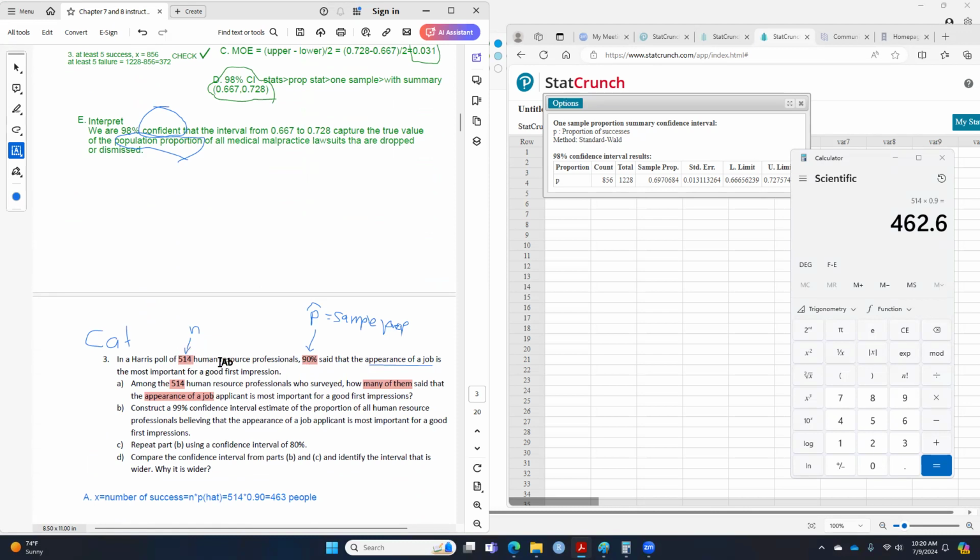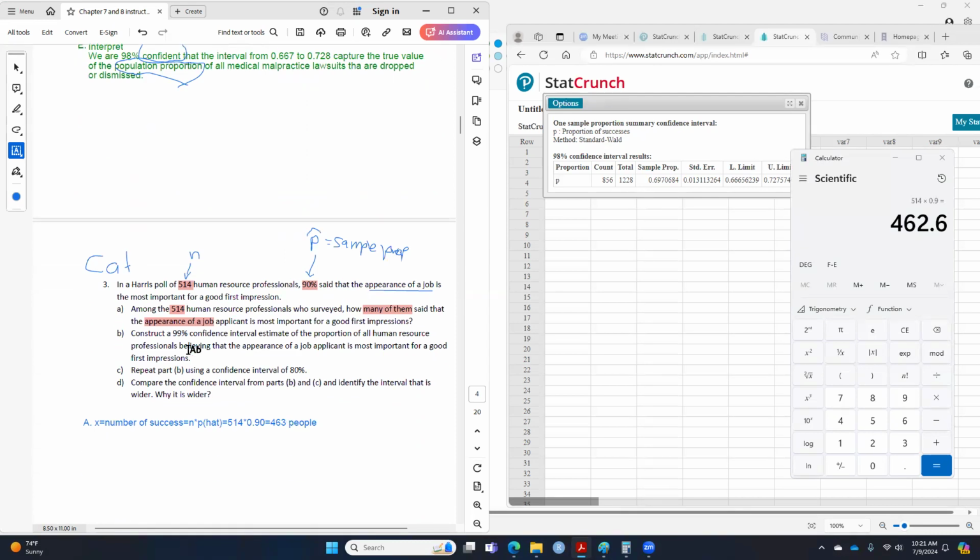So this is your sample, which means this is a sample proportion. If that happens, the first thing you need to do is find x, by taking n times p hat. And if you get a decimal, you need to round to a whole number. Does anyone have any questions on how we figure out x here?